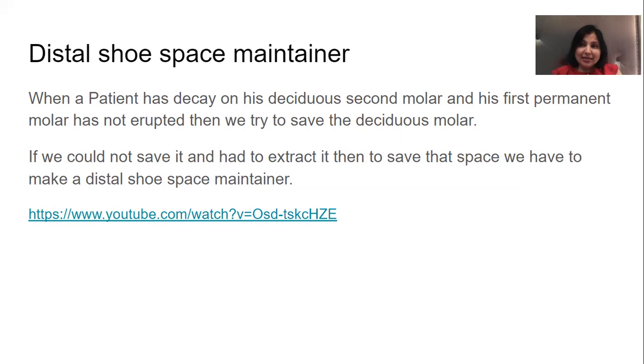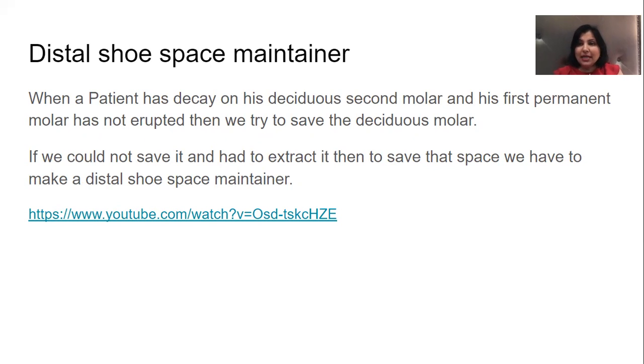In that case, we have to put something to save that space so the permanent first molar comes in its right position. So then we place the distal shoe space maintainer. Watch the video of the distal shoe space maintainer. It explains pretty well.